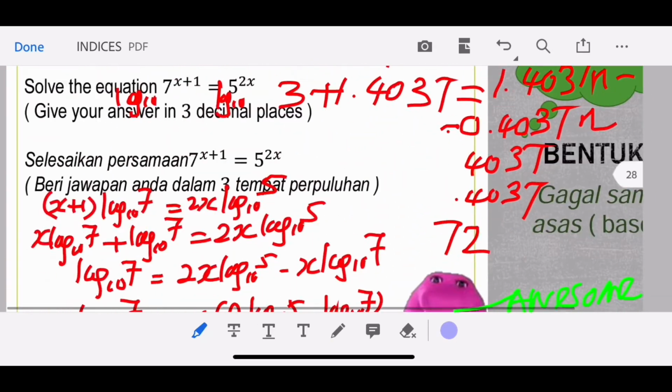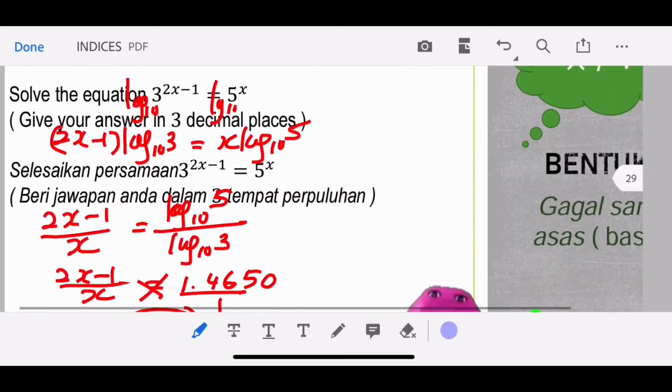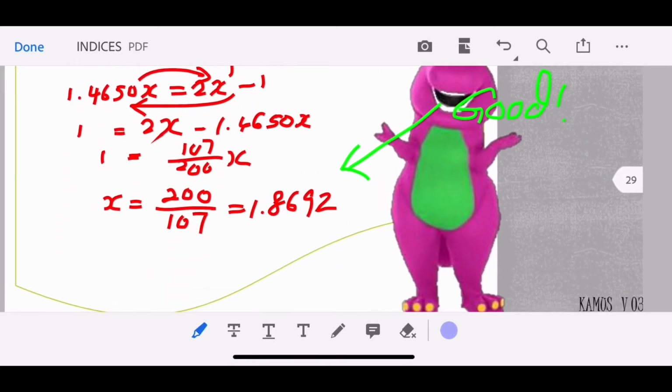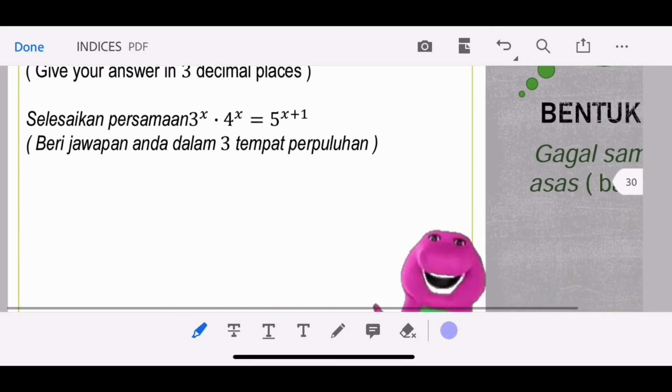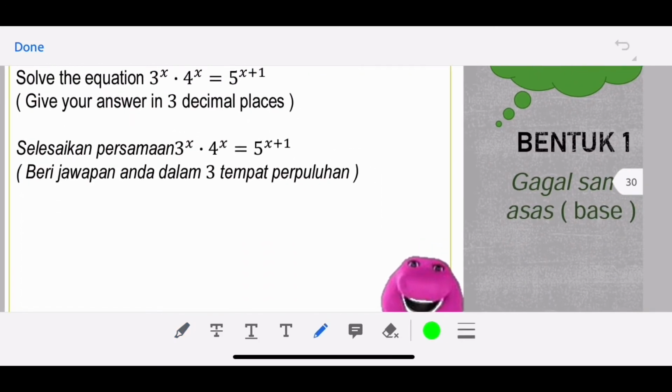For part 2 I will discuss in my next video. It's a bit challenging because you need to combine using the law of indices. We have many more questions to go, so I will discuss more questions in my next video.